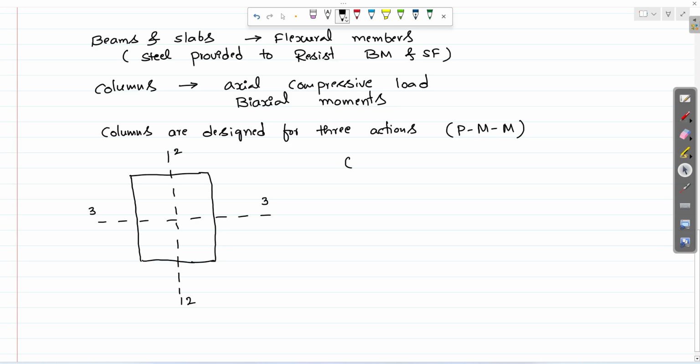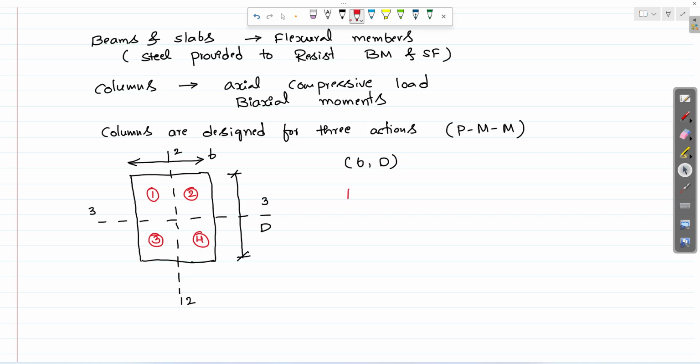So width of the column is B, whereas depth of the column is D. Assume this is quadrant 1, this is quadrant 2, this is quadrant 3, and this is quadrant 4.